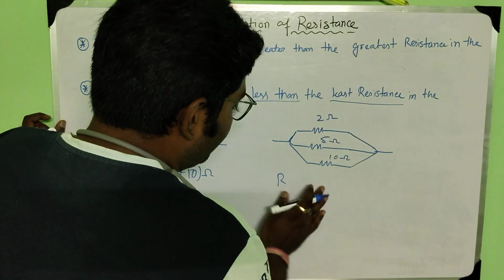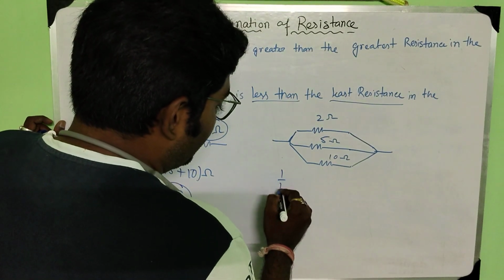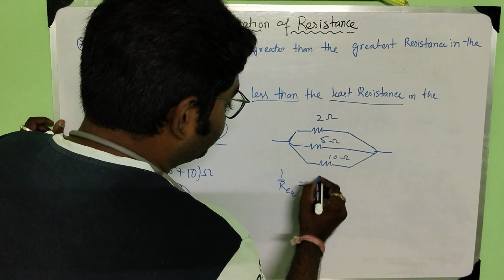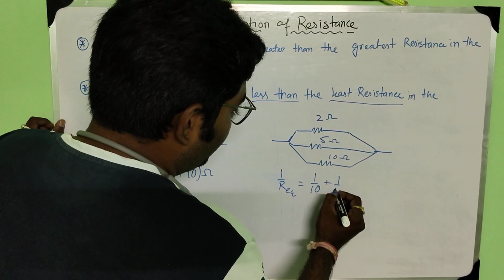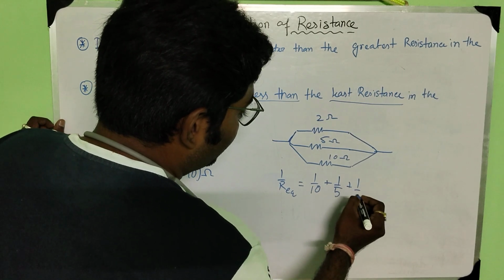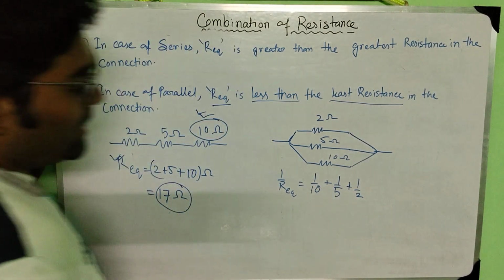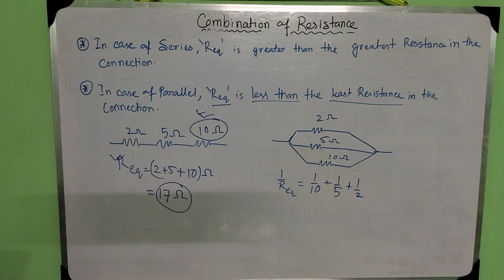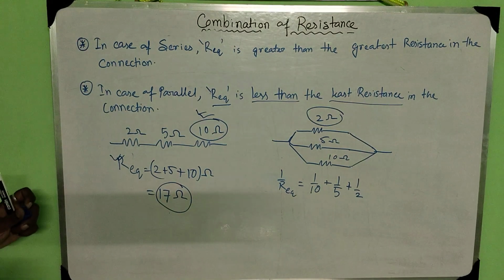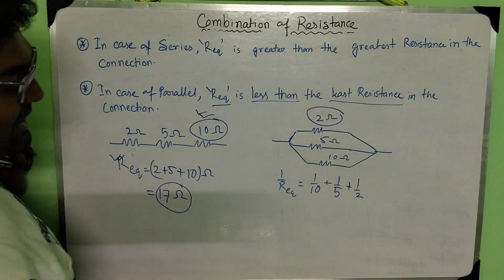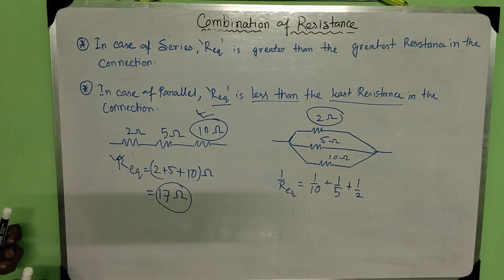So 1 by R equivalent will be 1 by 10 ohm plus 1 by 5 ohm plus 1 by 2 ohm. Which one is the least resistance? Obviously 2 is the least, and the R equivalent that will come will be less than 2 ohm.